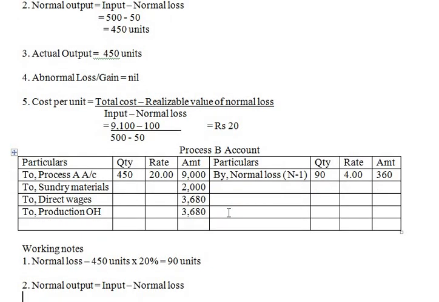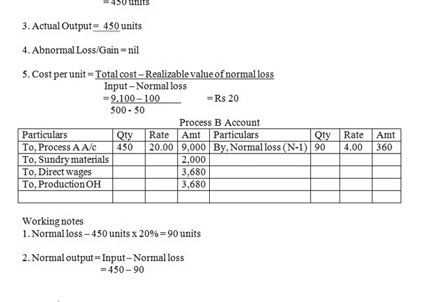Now again actual output is given in the problem. So we need to find out whether there is abnormal loss or gain. To find out abnormal loss or gain, first we need to know how much is normal output. Formula to find out normal output is input minus normal loss, which is equal to 450 minus normal loss 90.